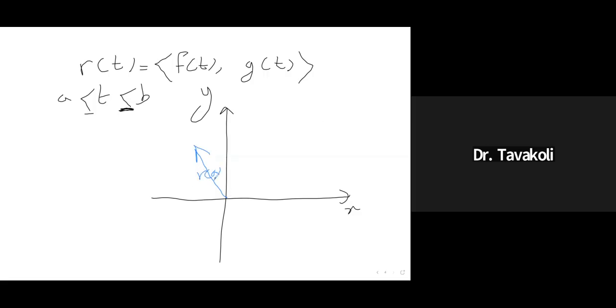And when t is b, we get this vector r(b). Depending on those f and g, we might have a curve connecting these two. At any point t1 from a to b, the vector r(t1) will be a vector initiating from the origin and terminating at the point on the curve. So in fact, all those terminal points together form this curve.